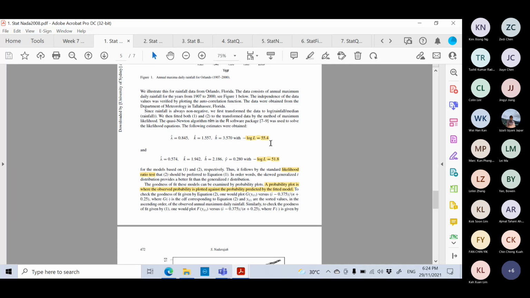In this paper, they carry out the test as well as the log likelihood, and then they do the probability plots. They do not have any fixed methods for all these things. It depends on what tools or techniques you have to justify how good your suggested methodology is, so you can support it with many different techniques.